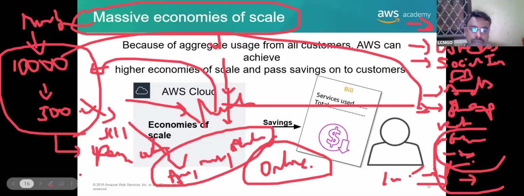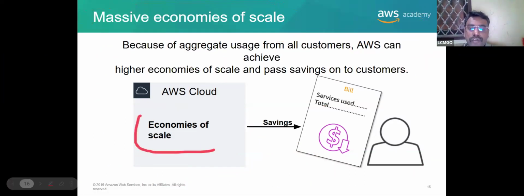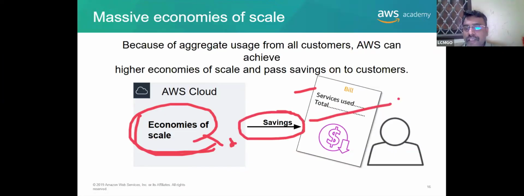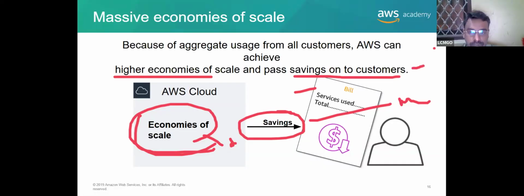By this way, you are able to reach more customers within a short time, and you save a lot of marketing cost. Now higher economies of scale and pass savings on to the customers. So I get more customers as well as the profit I'm looking for, and I'm saving my time.